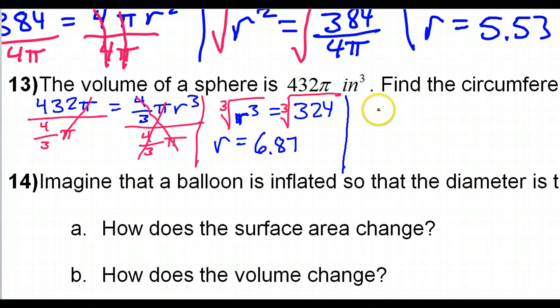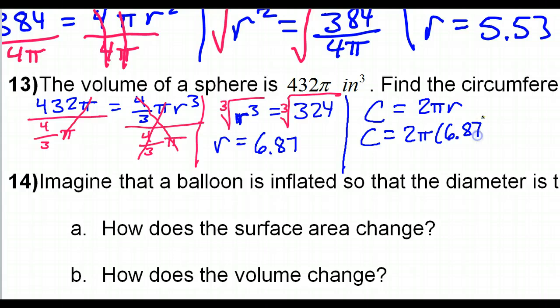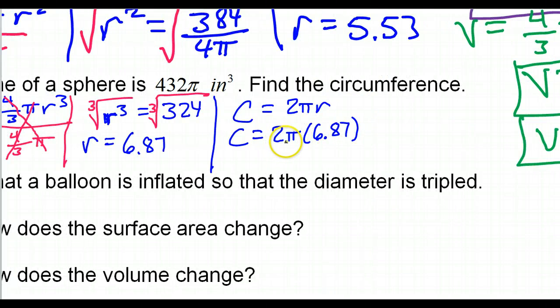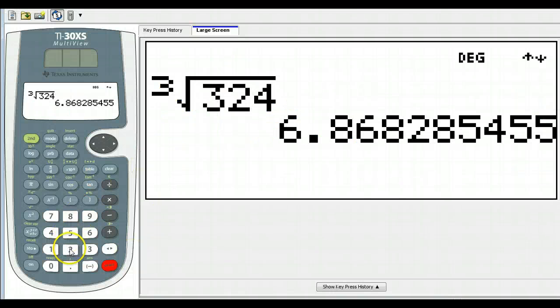Now I could go ahead and find the circumference. Circumference is 2 pi r. So that means the circumference is going to be 2 pi times 6.87. Again, if I want my answer to be as accurate as possible, I'm not going to round this. So watch the power of the calculator. I want 2 pi, and then I want this number, because this is my radius.